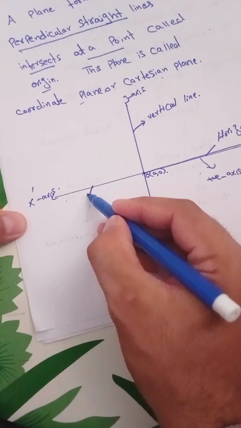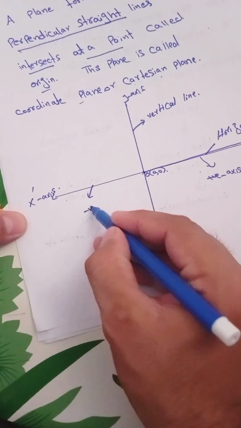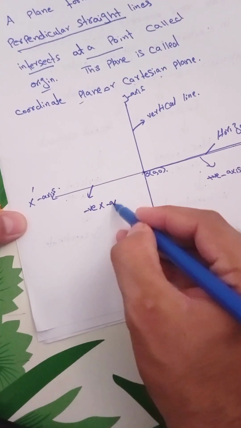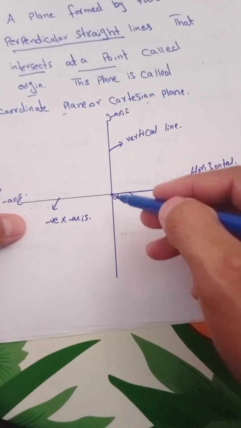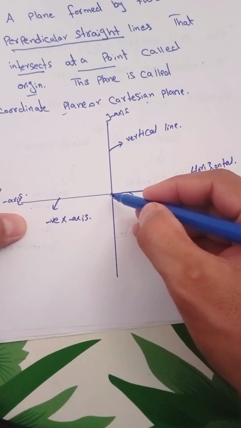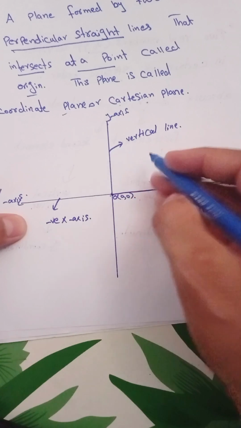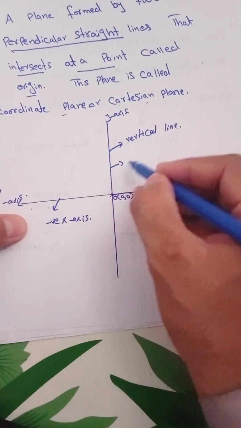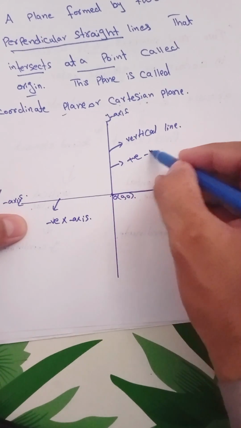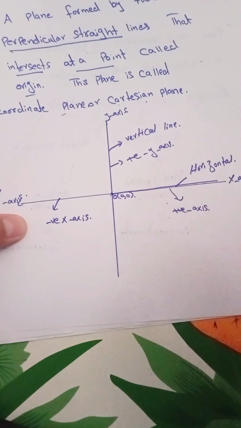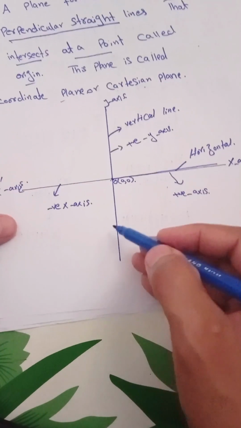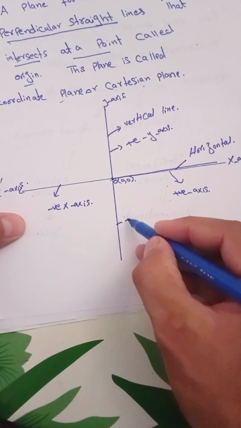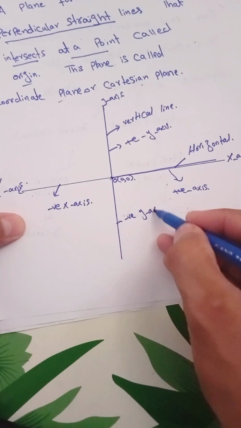Similarly, on the y-axis, numbers from the origin to the upside represent the positive y-axis, and numbers from the origin to the downward side represent the negative y-axis.